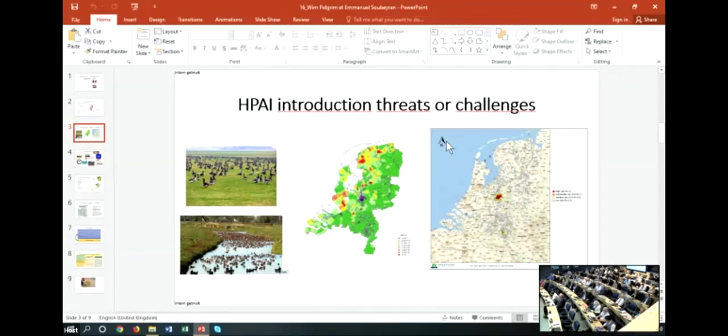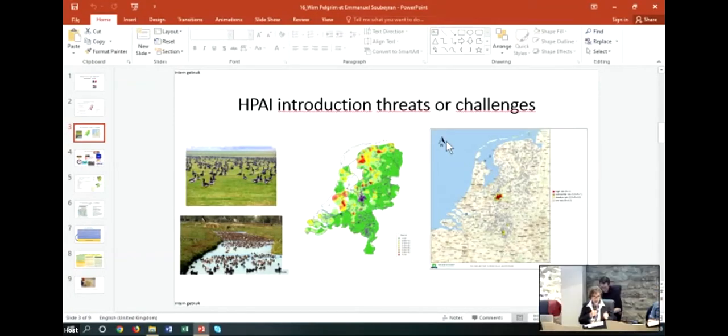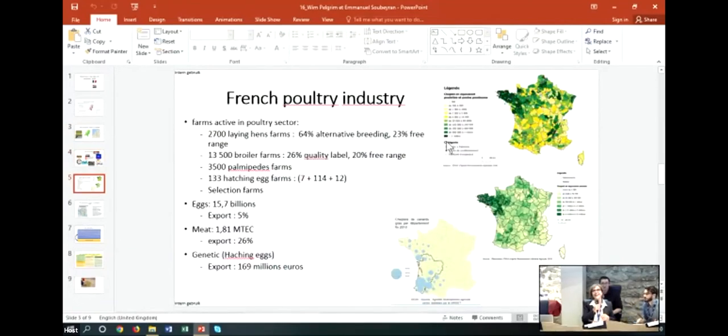To start my presentation, I will give you some figures on the French production, as my Dutch colleague Wim did before. These three maps represent respectively the location of laying hens, broiler poultry and palmipeds.